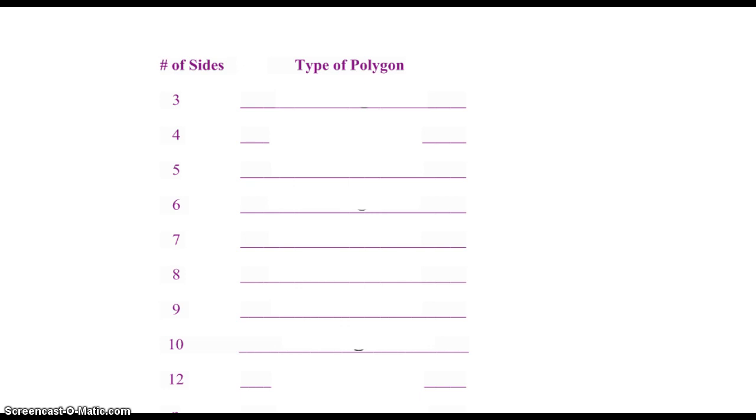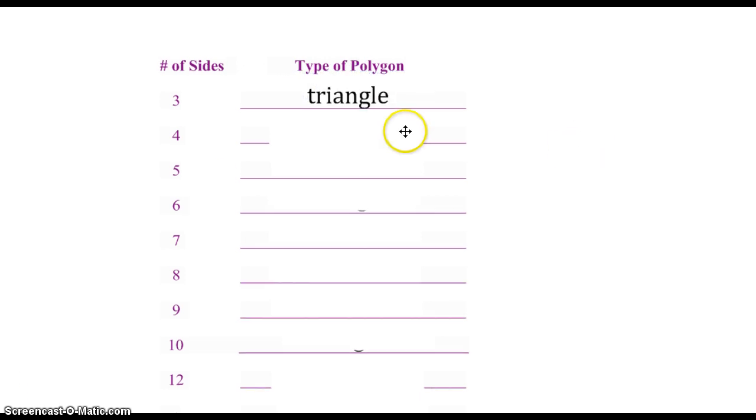You have to be able to pick out any of these polygons from any direction. So for example, if it has three sides, you have to know a three-sided polygon is what we call a triangle. A four-sided polygon is what we call a quadrilateral.